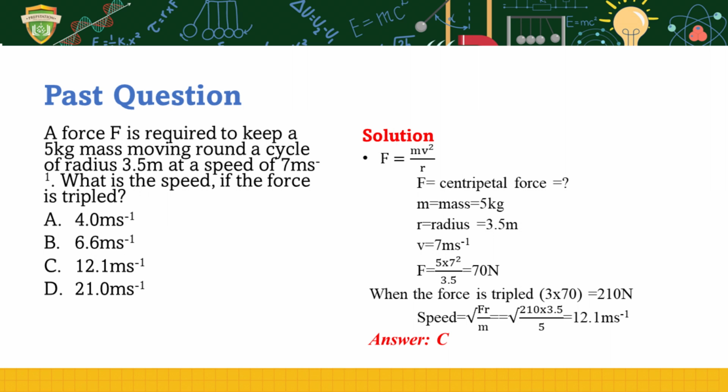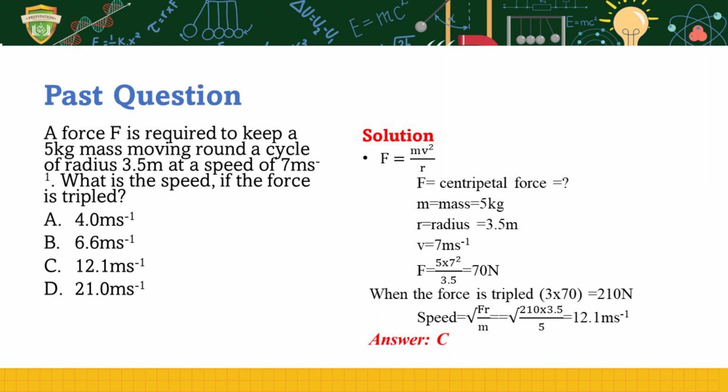But that is not the answer to the question yet, because we are asked to calculate the speed if the force is tripled. If our force is 70 newtons, when it is tripled, it is 70 multiplied by 3, which gives 210 newtons. Going back to the equation F = mv squared over r, we are now looking for v, so F is 210, R is 3.5 and M is 5 kilograms.